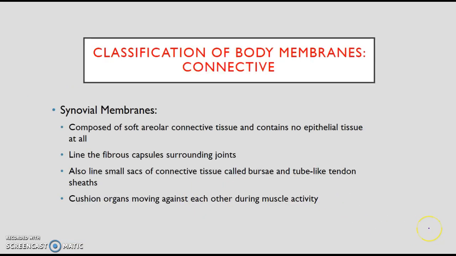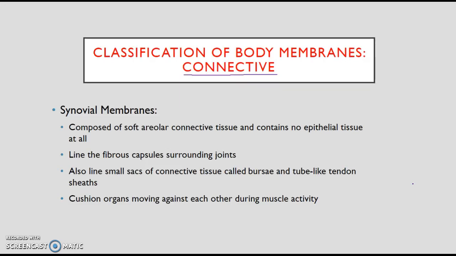Okay, our last body membrane is going to be a synovial membrane, and it's different because up here you'll see the word connective. All the membranes we've talked about have been primarily composed of epithelial tissue. Now we're going to be talking about connective tissue. It's composed of soft areolar connective tissue, and it doesn't contain any epithelial tissue at all.